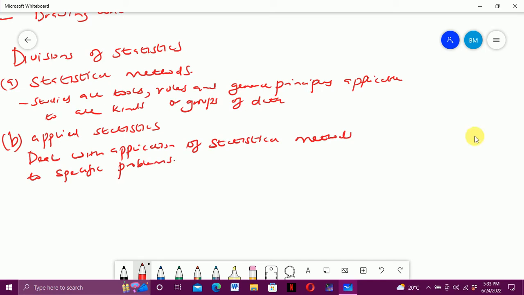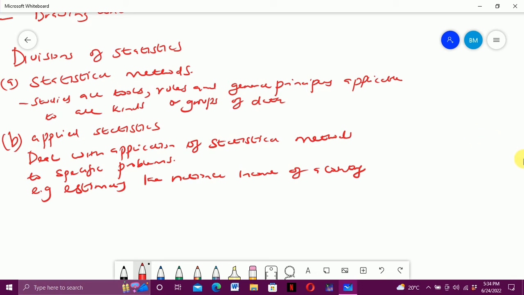For example, we might want to estimate the national income of a country. So applied statistics deal with application of statistical methods to specific problems.